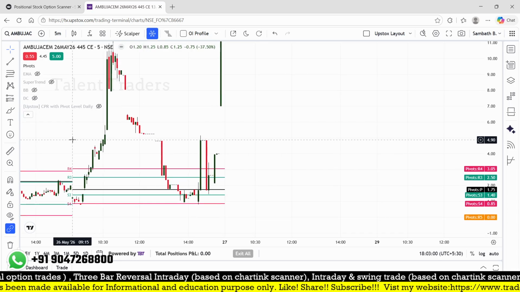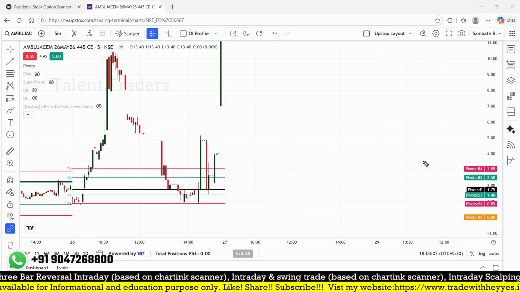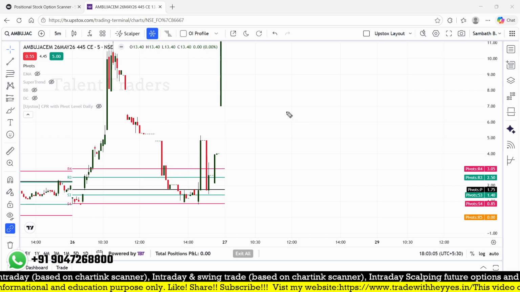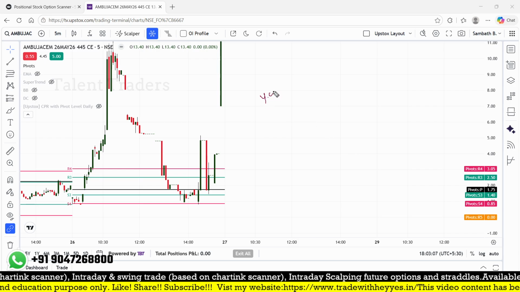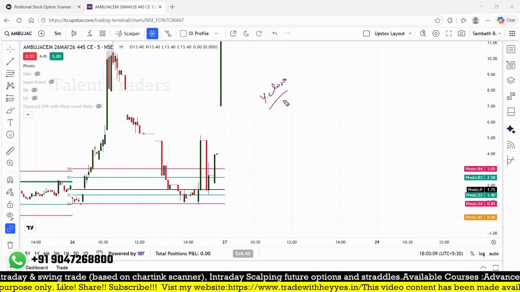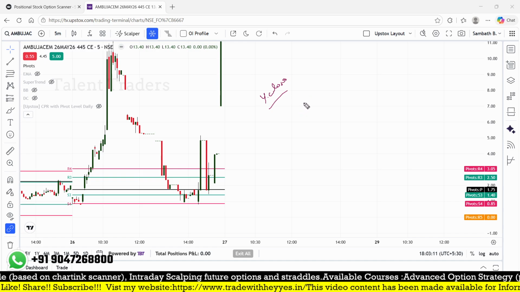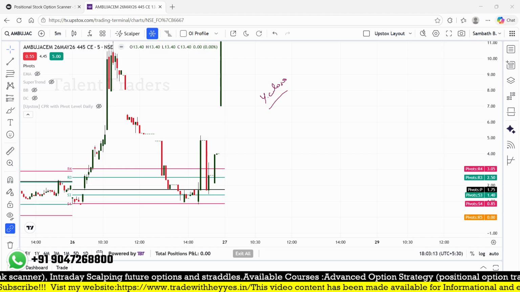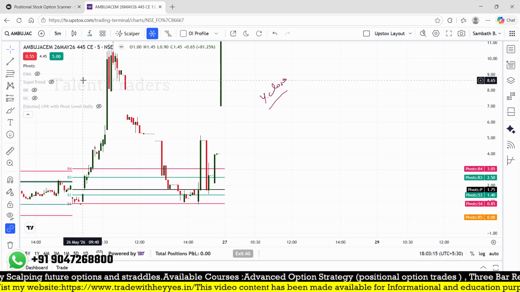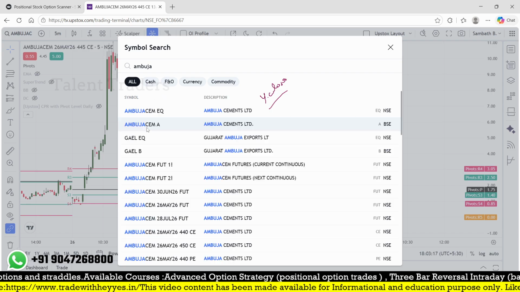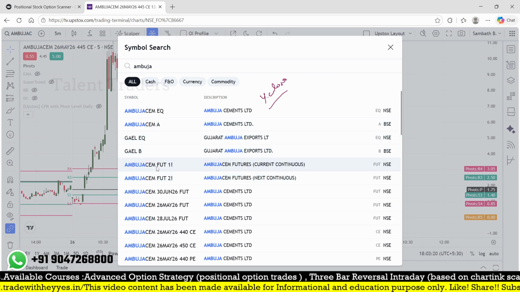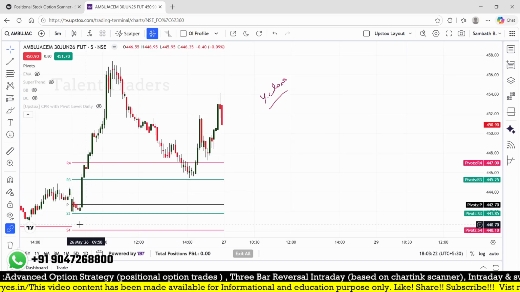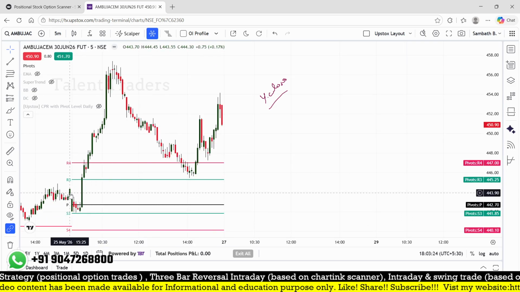So the logic for this in intraday is yesterday's closing price of the stock. I will take the same Ambuja example. For Ambuja Cement in the futures contract, what was yesterday's closing price?